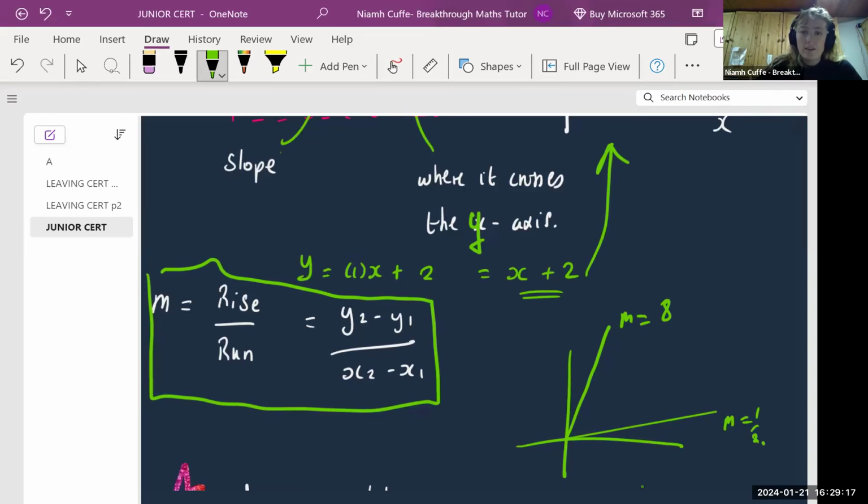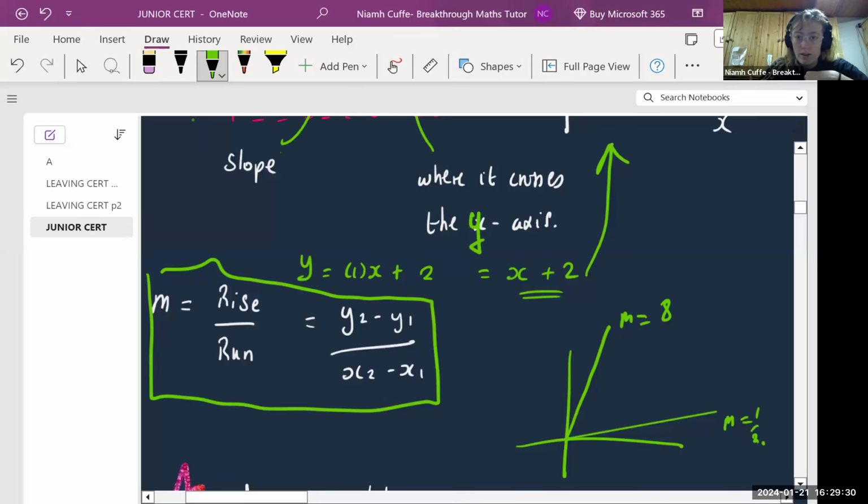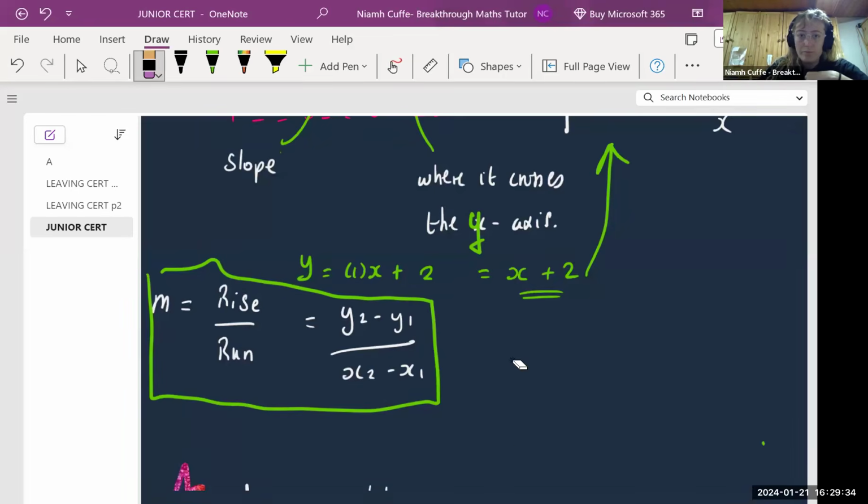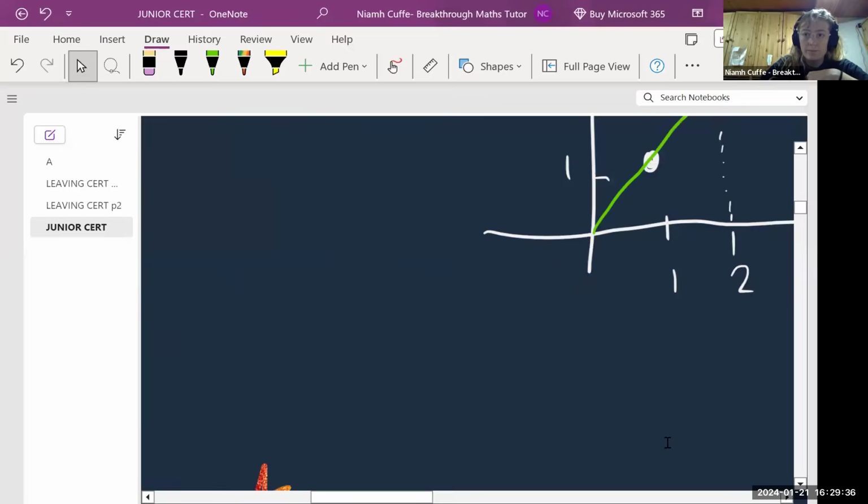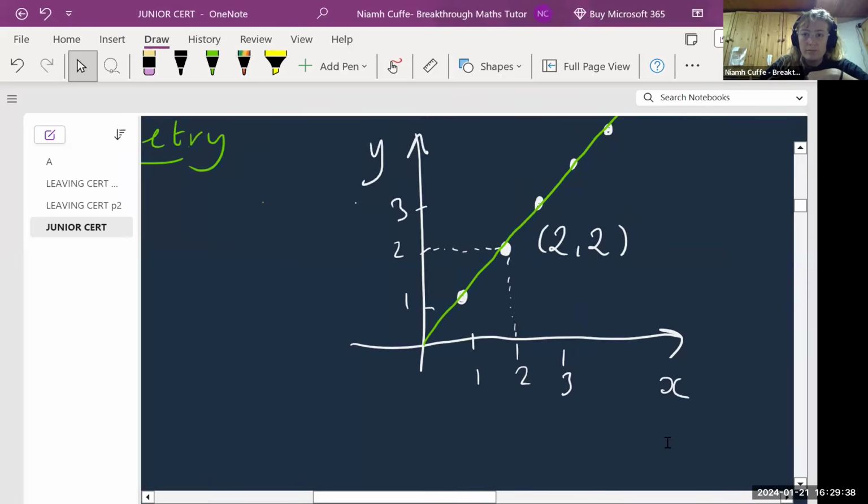So slope here can be given by rise over run. Okay, how much does my graph go up over how much does it go across? Okay, let me just show you what I mean. Let's have a look at this graph again.